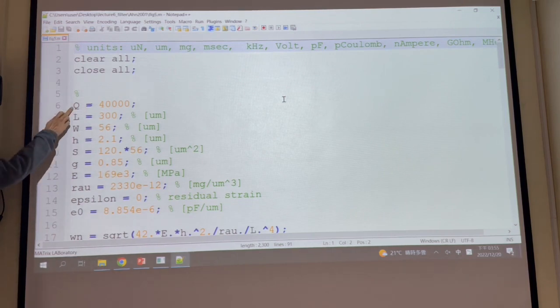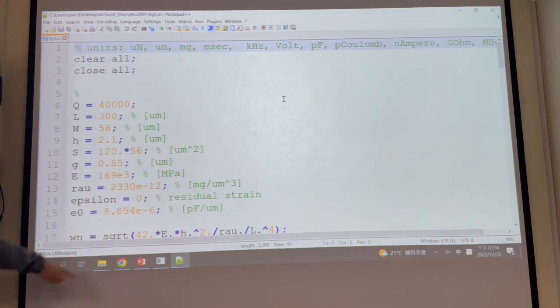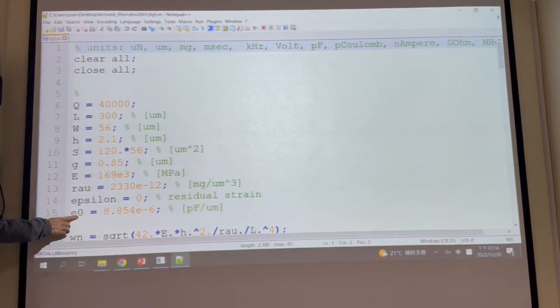So Q, L, W, H, S, G, Young's modulus for polysilicon. Rho is the density of silicon, and epsilon is the residual strain. With no residual strain in this case, E0 is the electrical permittivity.